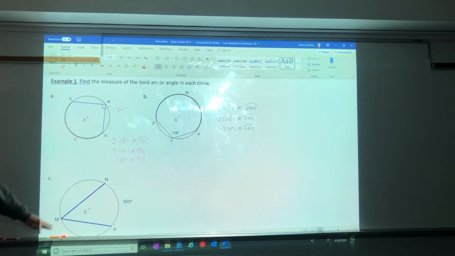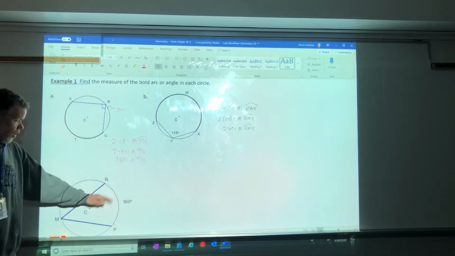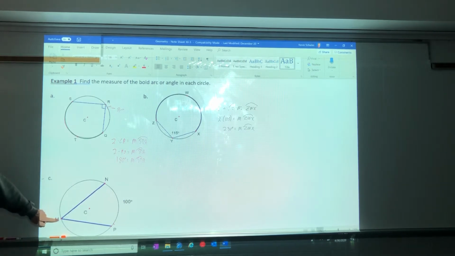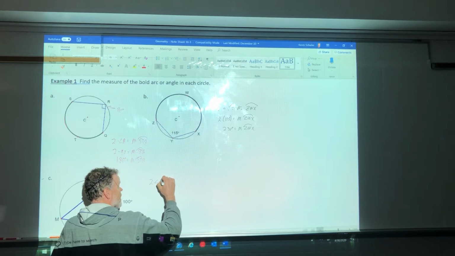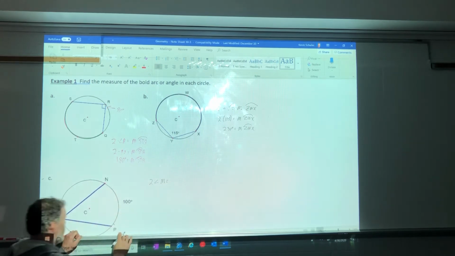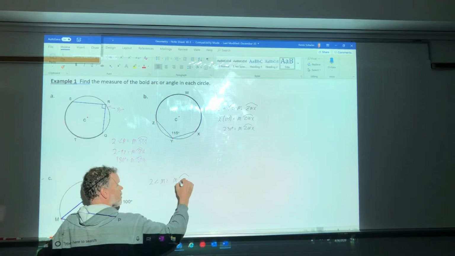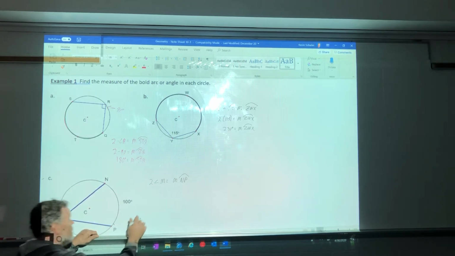Now we get down to the bottom here, instead of giving you the angle, they give you the arc. So 2 times the measurement of angle M is going to equal 100 degrees. So we know that 2 times angle N equals the measurement of arc MP.